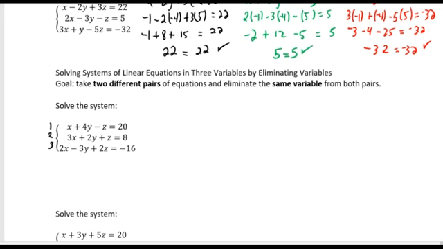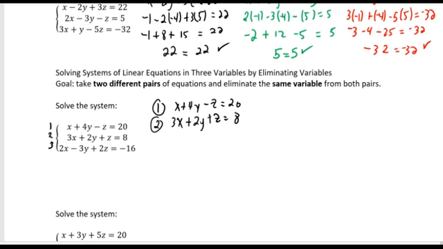Then you're going to pick two equations. So I'm going to pick number 1, x plus 4y minus z is equal to 20, and number 2, which is 3x plus 2y plus z is equal to 8.